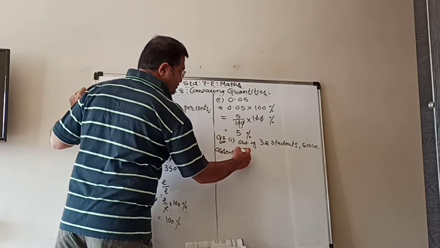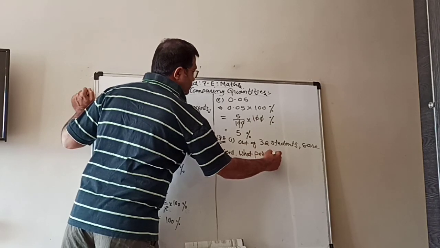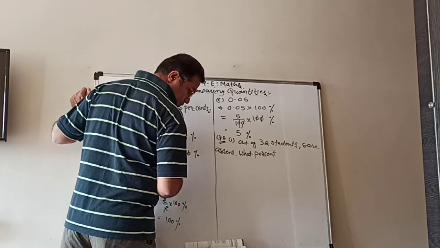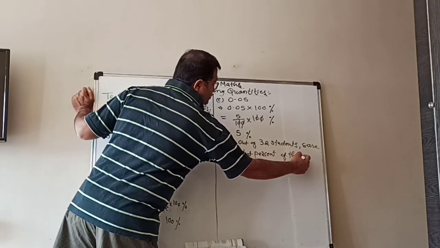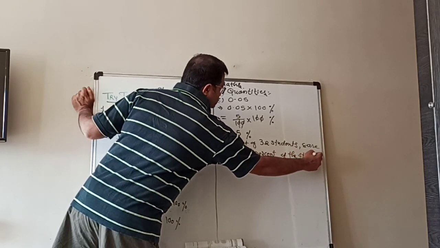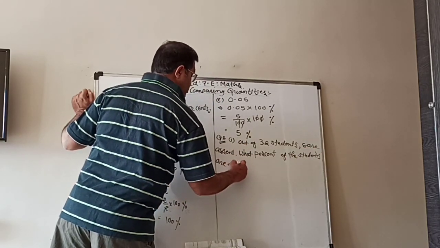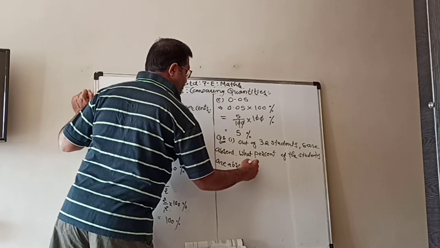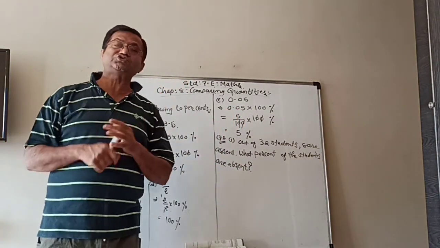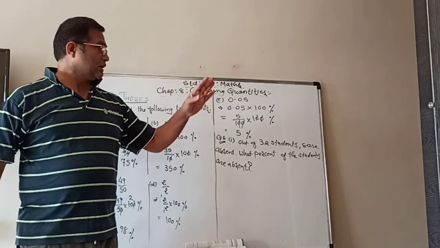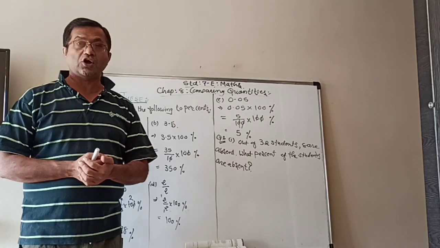What percent of the students are absent? Now there are a total of 32 students in a class, 8 are absent, and we have to find the percentage of the absent.